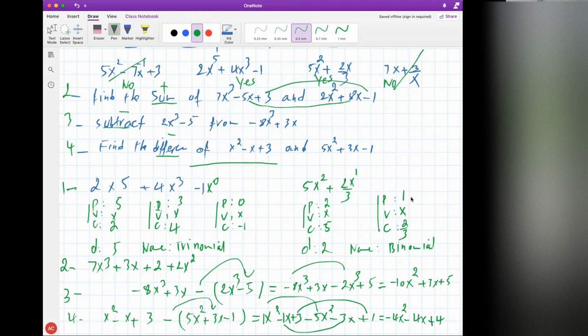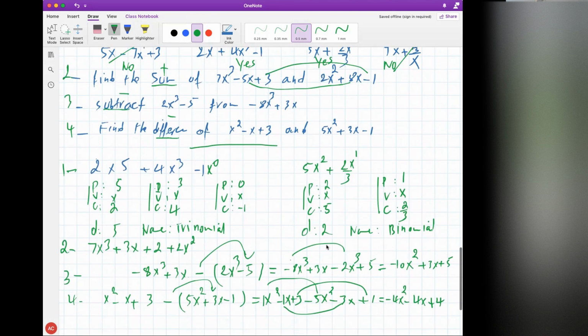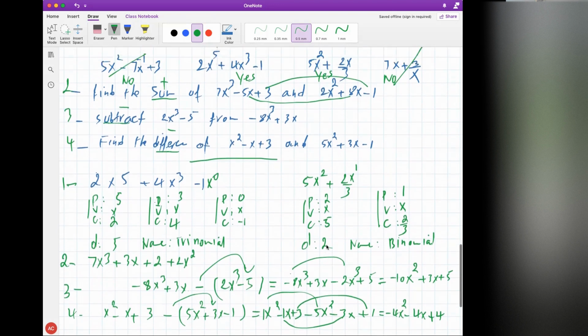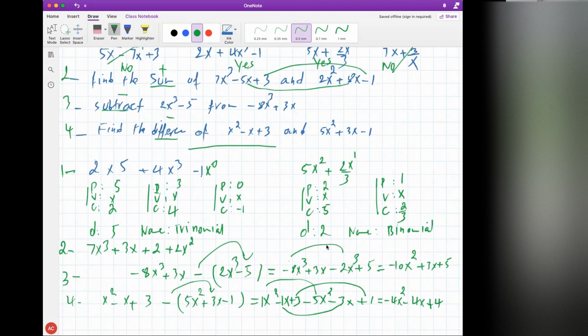Nothing really changes. Professor, can I ask a question? Number 3, subtract. Why do you put the second expression before?